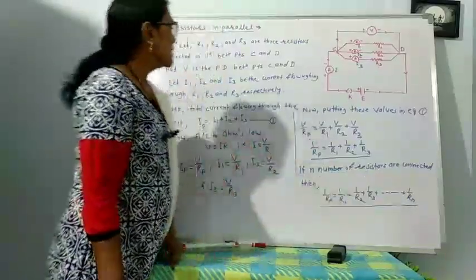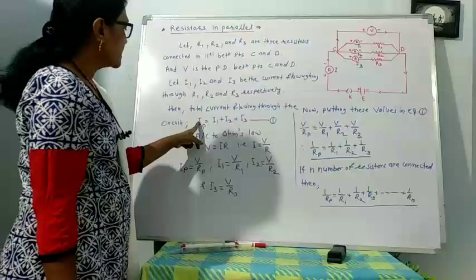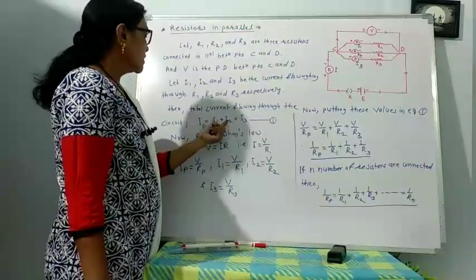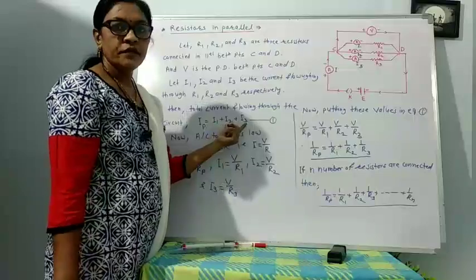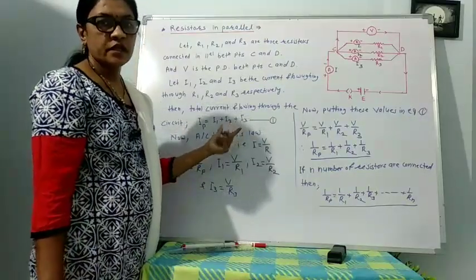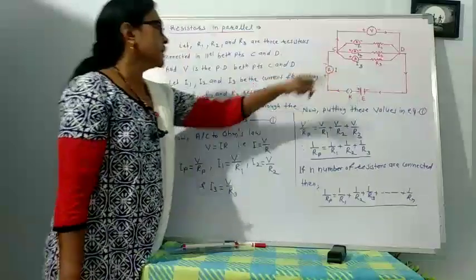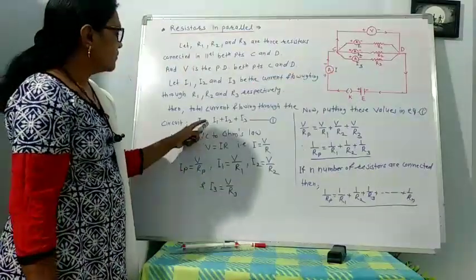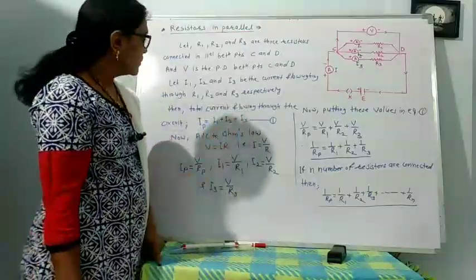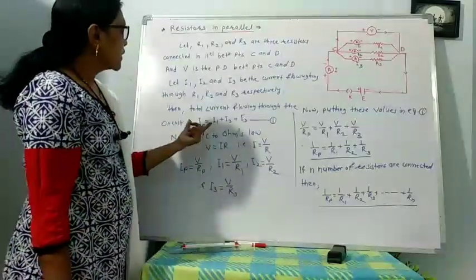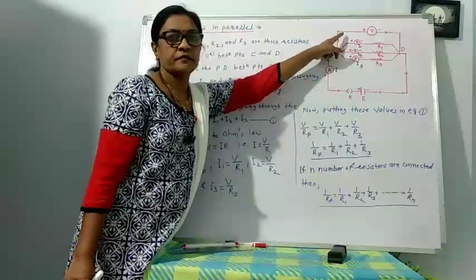ठीक आहे. नंतर total current I is equal to sum of the current flowing through individual resistances. Current flowing through the circuit is equal to sum of the current flowing through each resistor. Now, here potential difference across the two ends is same.